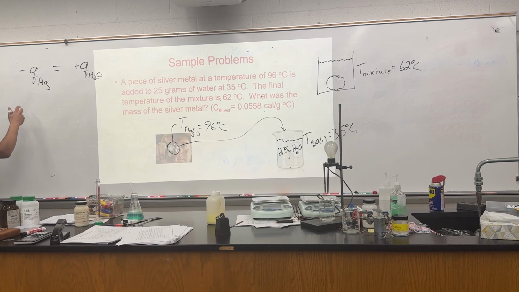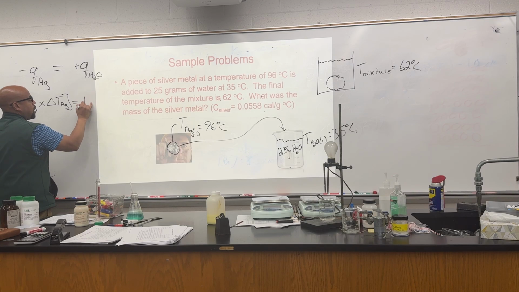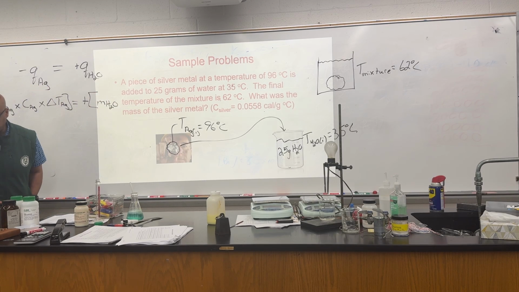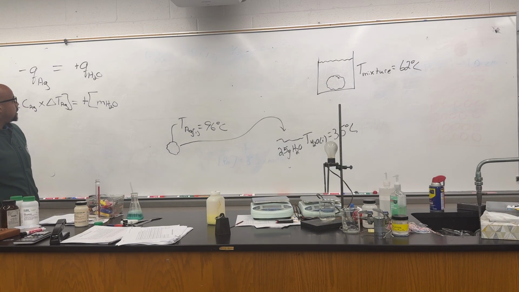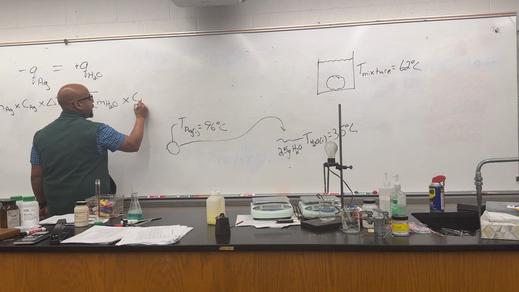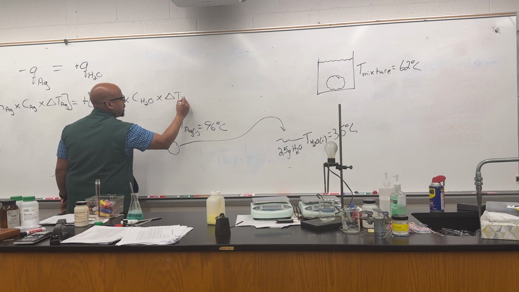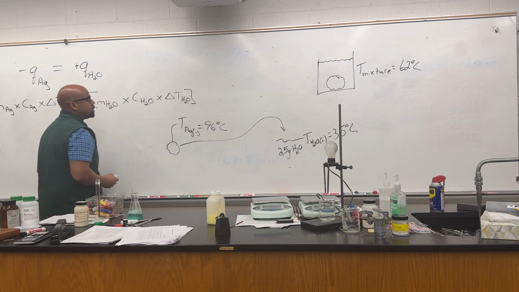And if you think about it, we know what Q is. We can go right here and say, hey, negative, we'll substitute for what Q is. It's the mass of the silver times the heat capacity of the silver times the change in temperature of the silver, is equal to positive mass of H2O times the heat capacity of H2O times the delta T of the H2O.